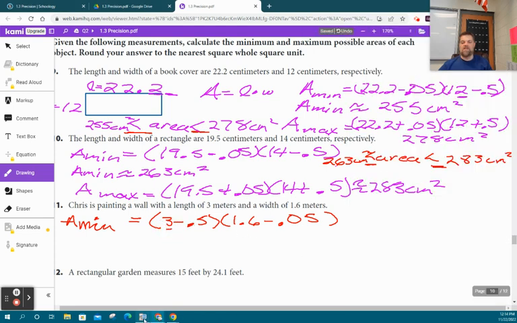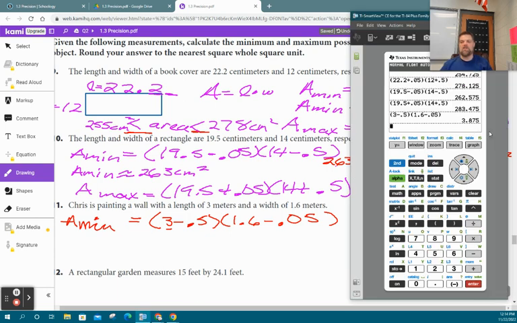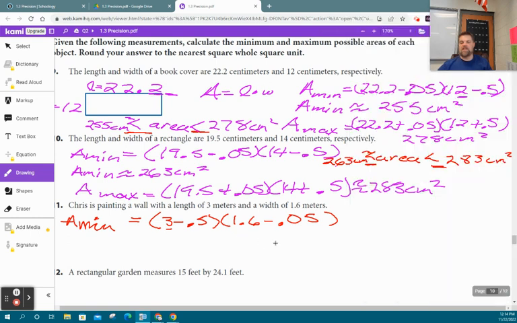So I got to round this to the one spot. So what's the closest one, 3 or 4? 4. So I'm going to round that to 4. So the area minimum is about 4 meters squared. See, I got to read the sentence to make sure it's in meters.